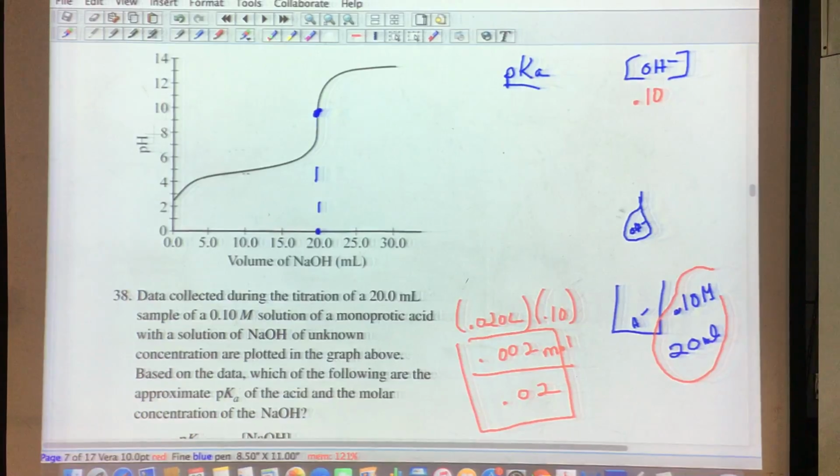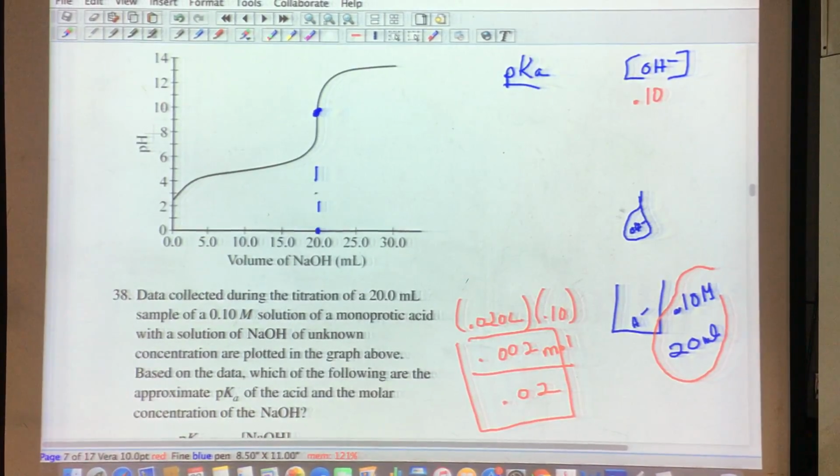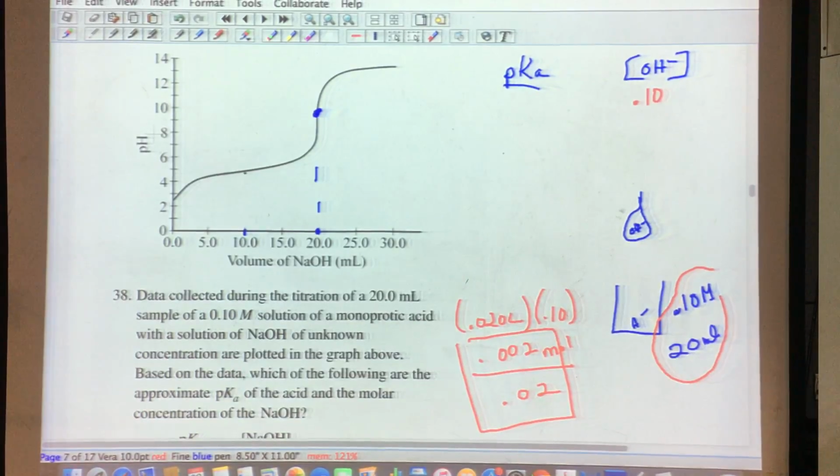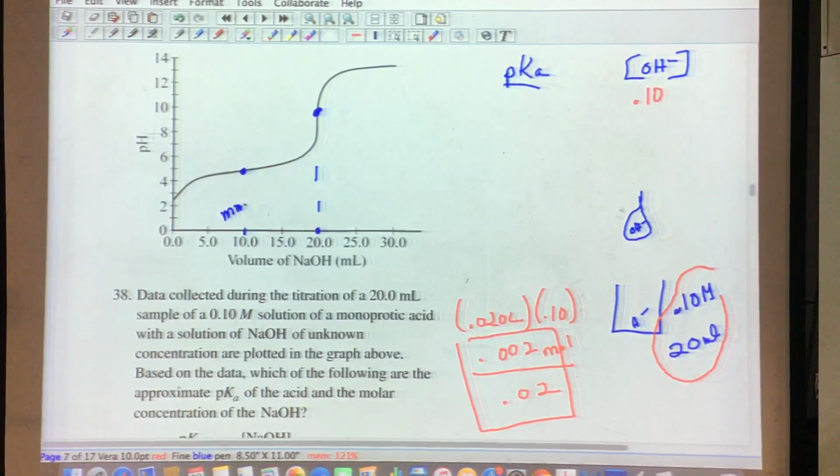Well, here's the buffer region. If it took 20 milliliters to what? Titrate it, halfway titration is what? 10. Now, why am I doing this I call max buffer position? Because I have equal amounts of what? I'm going to have my weak acid. I'm going to produce my conjugate base. If I half titrate the acid here, I'm going to have equal amounts of these guys. Okay, you should know this.